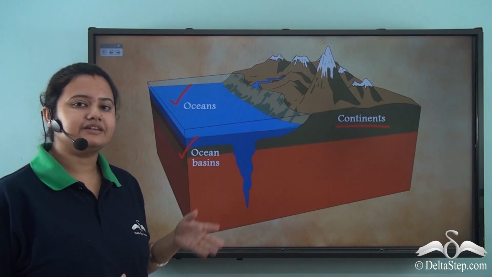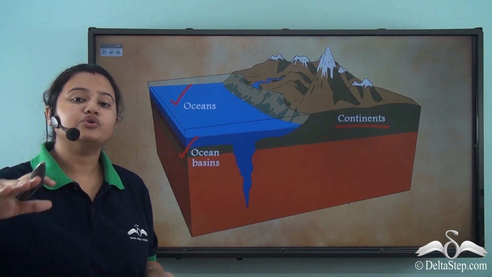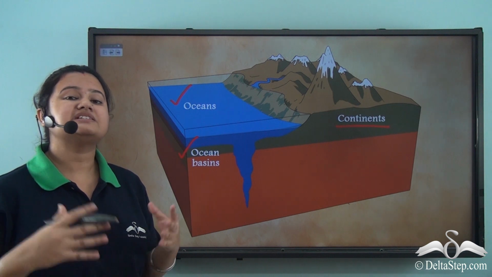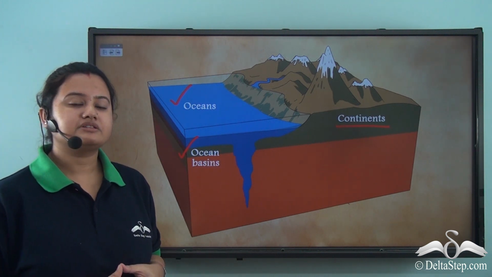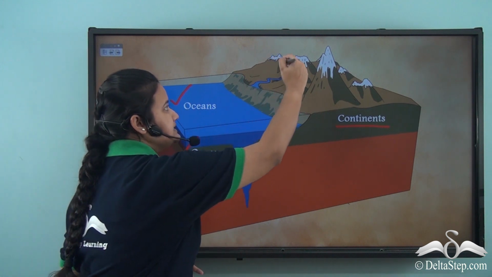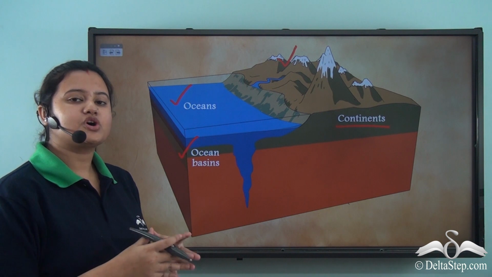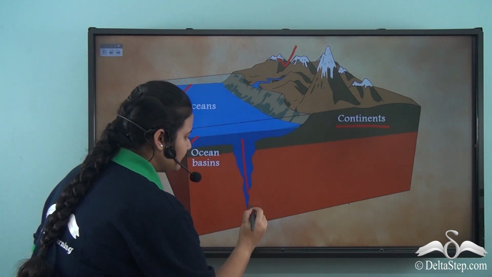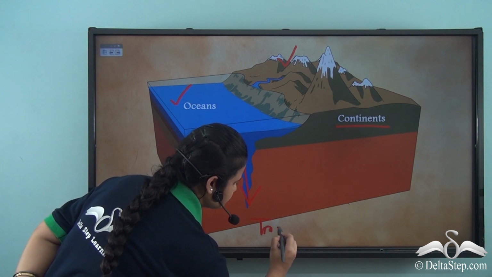Now, as we can see here, this lithosphere or the earth's surface is not even or uniform throughout. Rather, it is undulating. This is to say that some parts of the earth's surface, especially the hills and mountains, are too tall. Now, some landforms also exist deep below the oceans, and they are known as trenches.